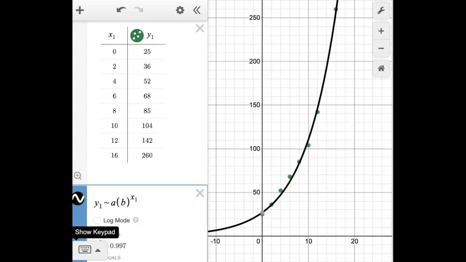And once you get those things in correctly, y1 is approximately equal to a times b to the x1 power. DESMOS now knows to write you an exponential equation that matches the data, or at least matches the data fairly closely. So anyhow, you can see the curve. It does go fairly well through the points, but it's not perfect.